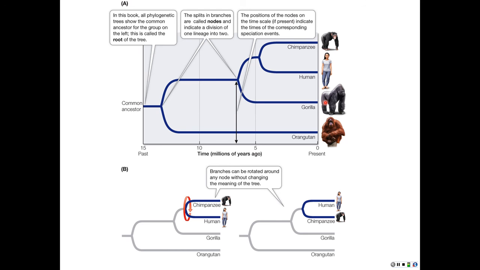So how do we decide who gets to be in a clade, right? How do we decide who's in a clade together? Well, organisms are grouped into clades based on traits that have been inherited from a common ancestor.